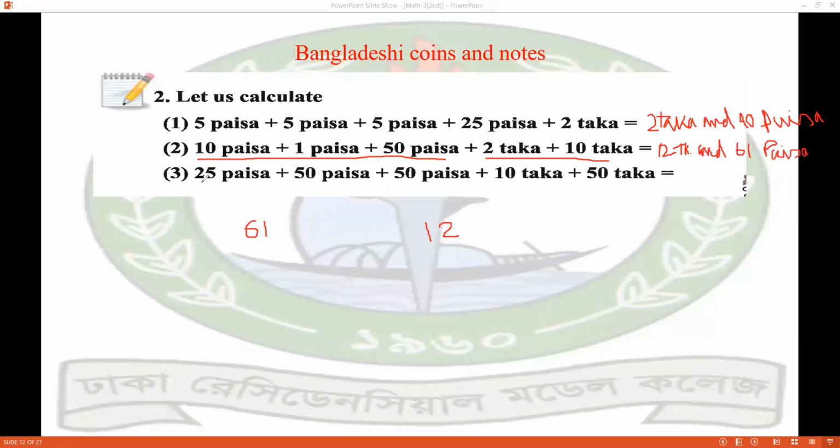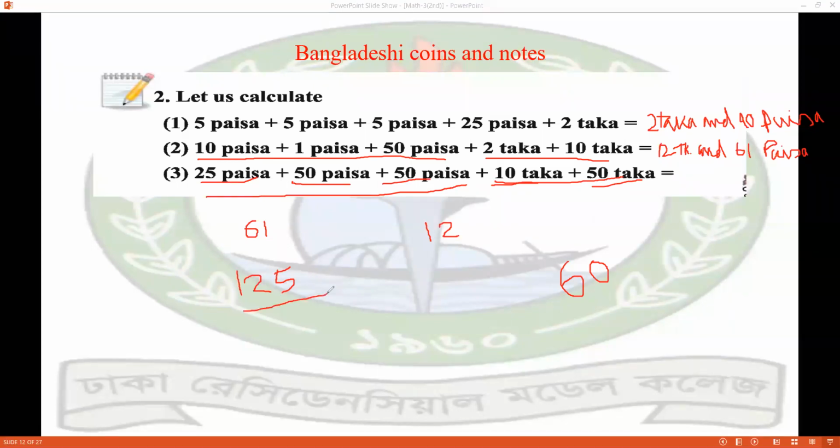In the third one, there is 25 paisa, 50 paisa, 50 paisa, then 10 taka and 50 taka. All the paisa when we add, we get 50 paisa, 50 paisa, 100 paisa, and then 25 paisa. That means 125 paisa. And here you will get 50 taka and 10 taka. That means 60 taka. But we know here is 100 paisa.